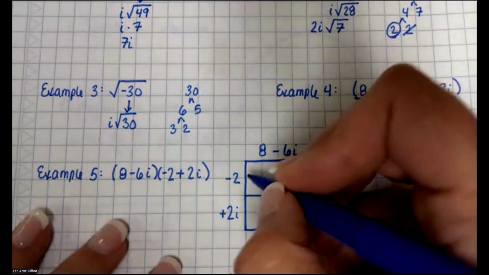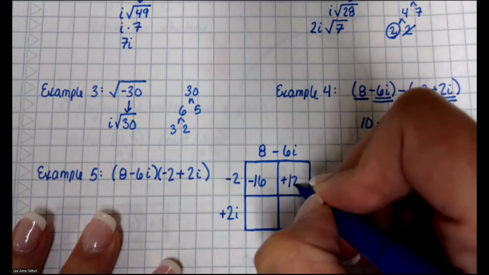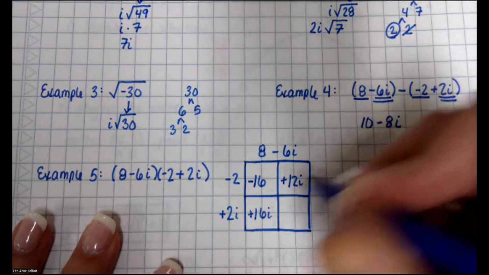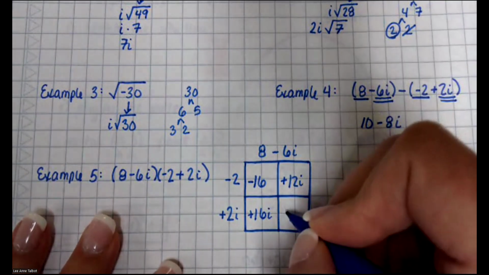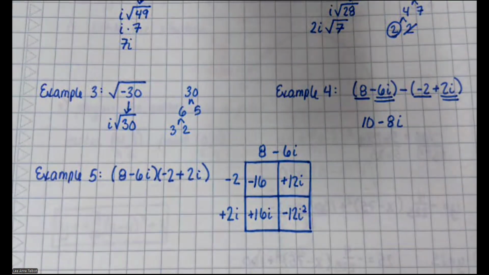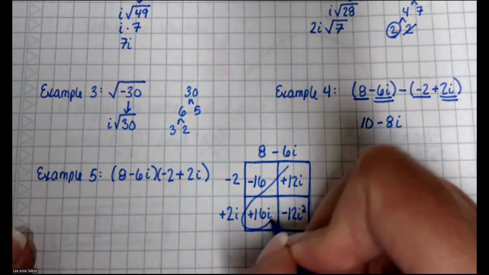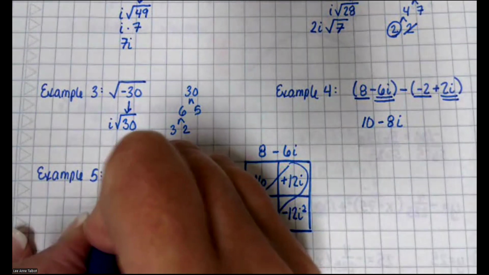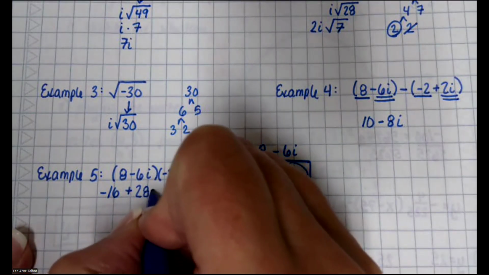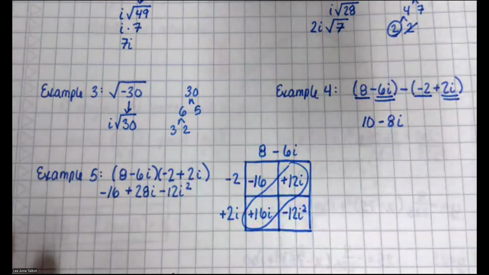Okay, negative 16, positive 12i, positive 16i, negative 12i squared. Okay, so I'm going to combine like terms. Negative 16 plus 28i minus 12i squared.